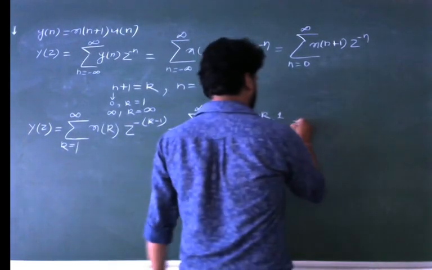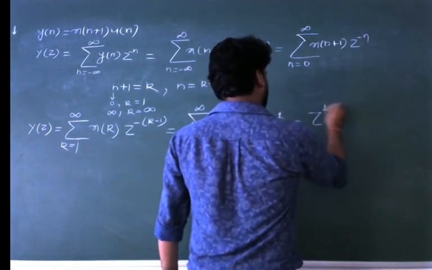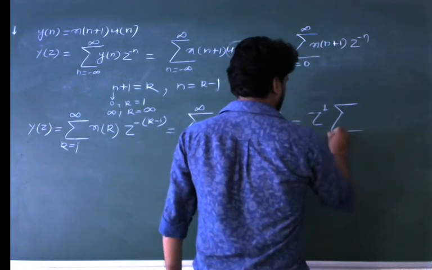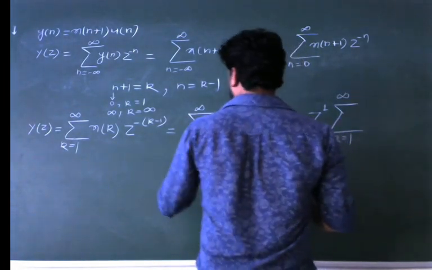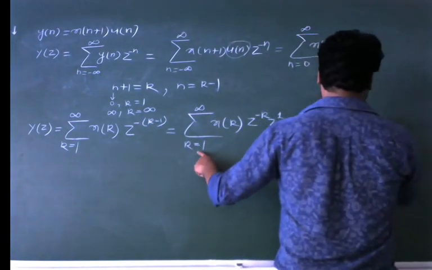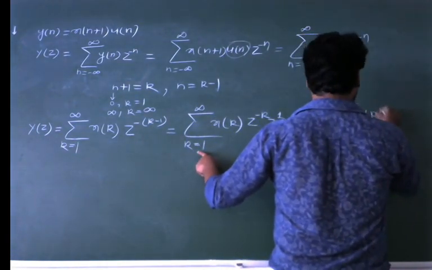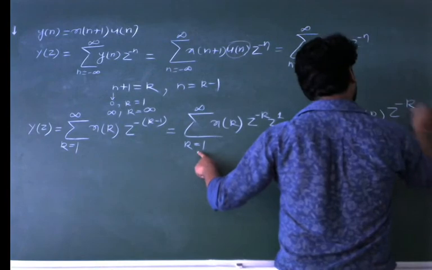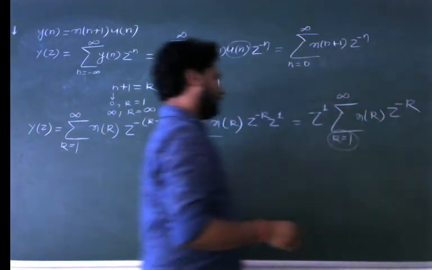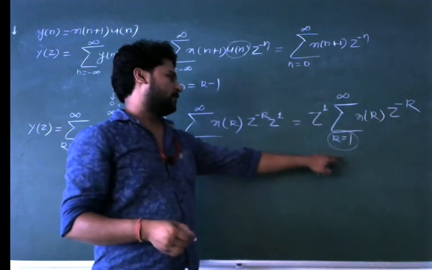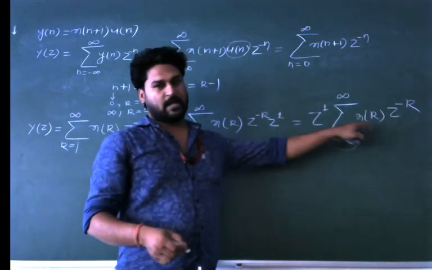So this will become z power 1 times the sum for k from 1 to infinity of x of k into z power minus k. Again, here the limit is from 1 to infinity. If this limit were from 0 to infinity, this would become x of z.